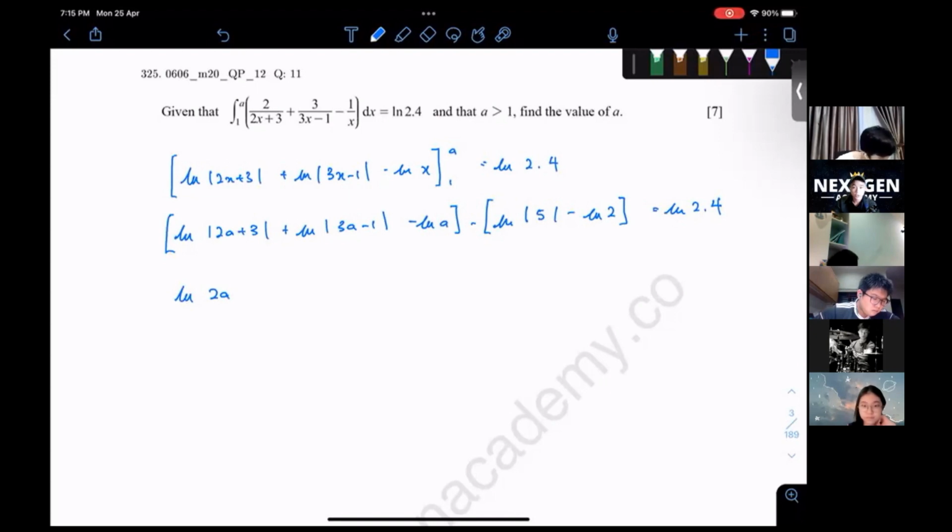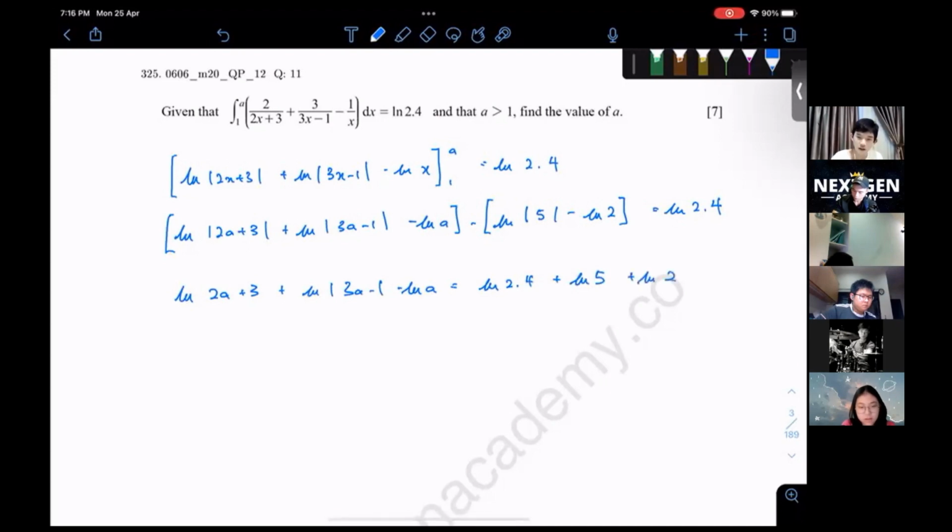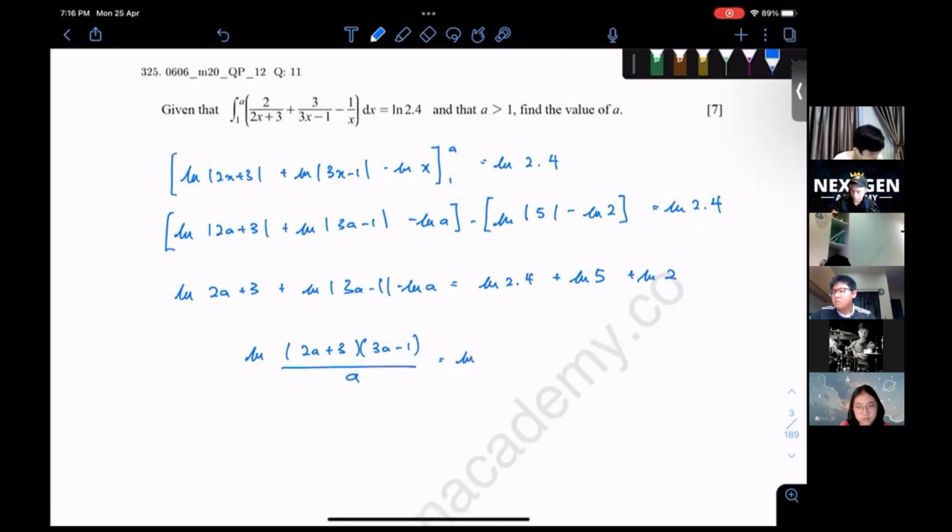Say again your equation. ln 2a plus 3 plus ln 3a minus 1 minus ln a equals ln 2.4 plus ln 5 plus ln 2. And then ln of bracket 2a plus 3, bracket 3a minus 1, over a, equals to ln 24. Because 2.4 times 5 times 2.